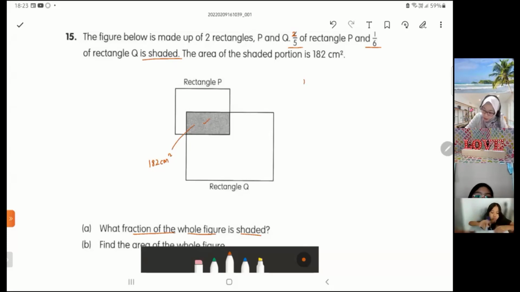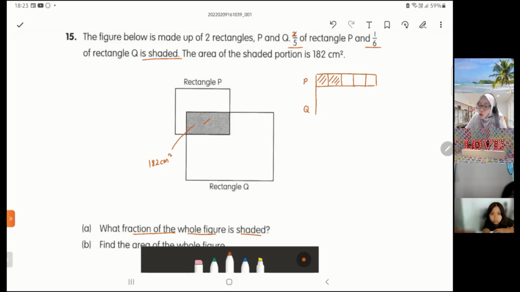Okay, so let's have P and let's have Q. Since they say 2 parts of P and 1 part of Q is shaded. Let's start with P first. P is 5 parts, so let's draw 5 parts. 1, 2, 3, 4, 5. How many parts of P are shaded? 1, 2 is shaded.